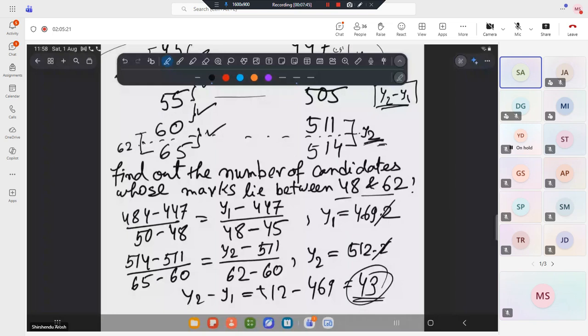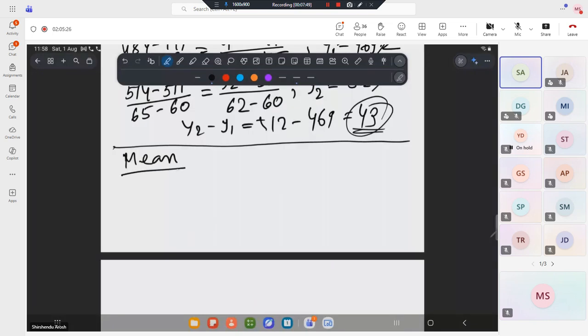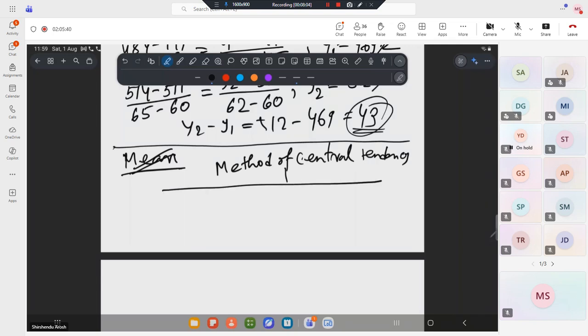First of our descriptive statistics, the methods of central tendency. If I just make a table, the methods of central tendency are basically divided into mean, median, and mode.